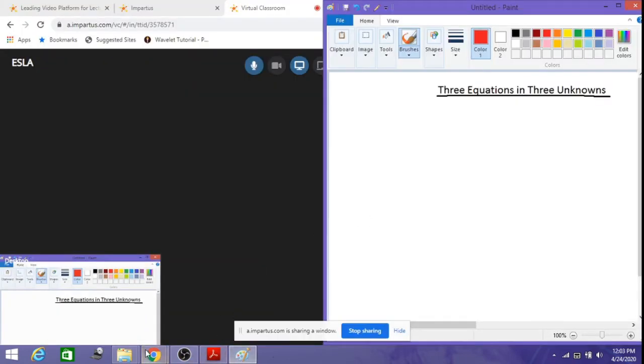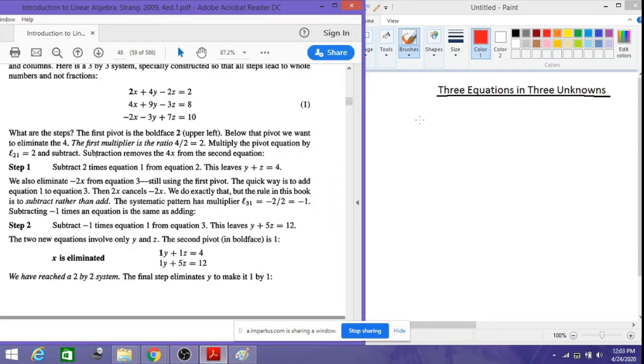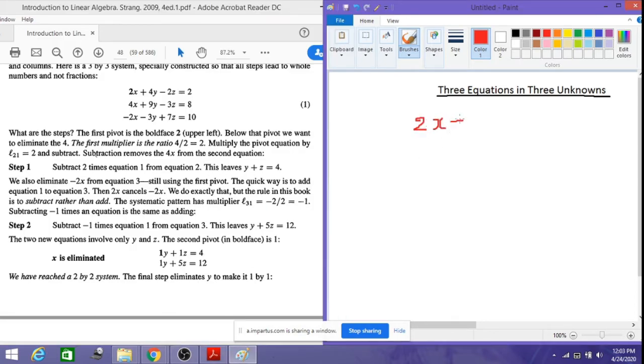Okay. So now we'll take an example of a 3 cross 3 matrix here. So let's take this as 2x plus 4y minus 2z equals 2, and 4x plus 9y minus 3z equal to 8, and minus 2x minus 3y plus 7z equal to 10.